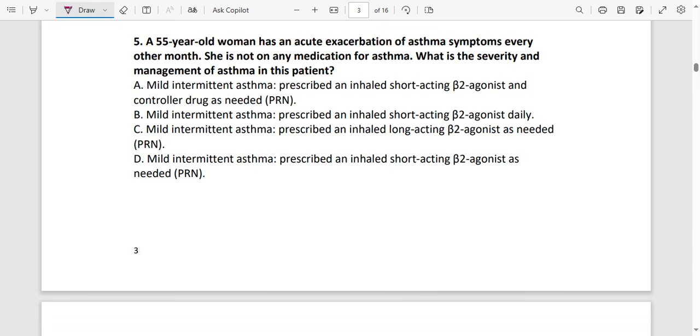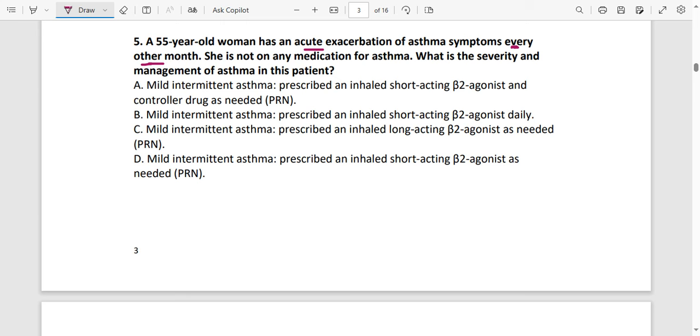A 55-year-old woman has an acute exacerbation of asthma symptoms every other month. She is not on any medication, take note, for asthma. What is the severity and management of asthma in this patient? Okay, an acute exacerbation of asthma symptoms every, take note, every other month. So what is the severity and management?